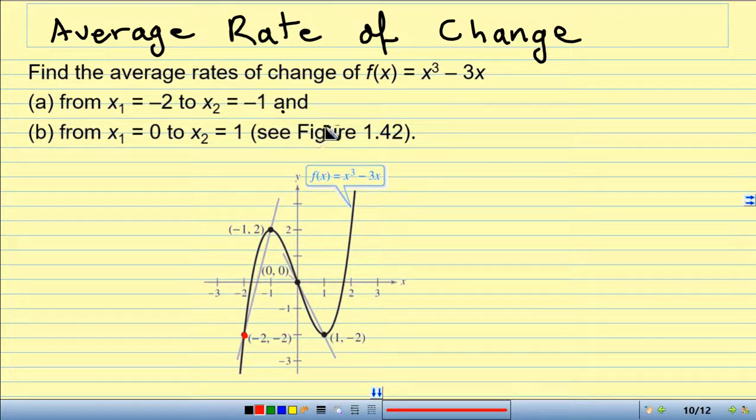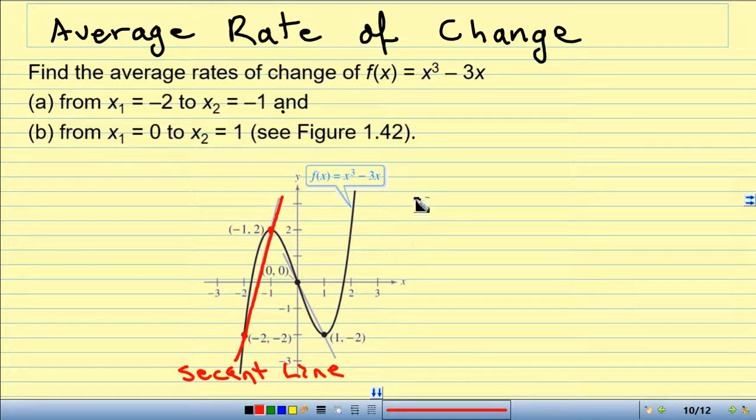So at x2 is negative 1, the y value is 2. And now you draw a line that cuts the graph at the 2 points. This line is called a secant line.